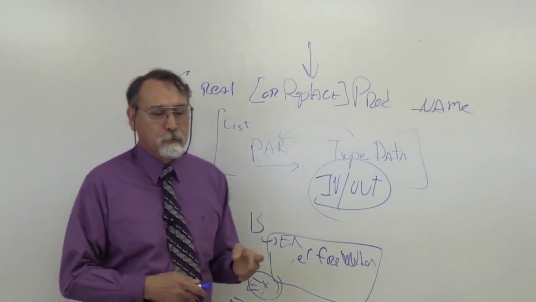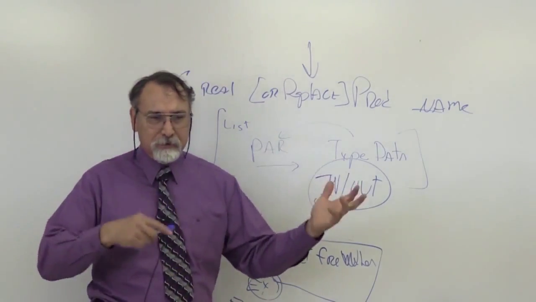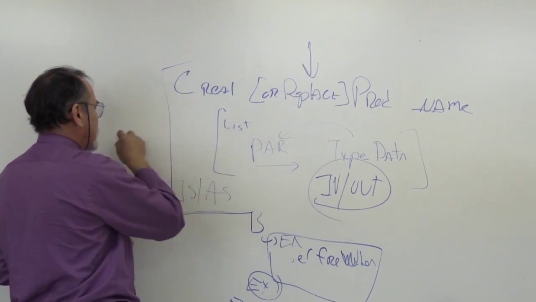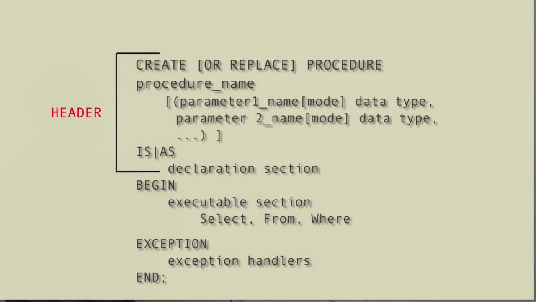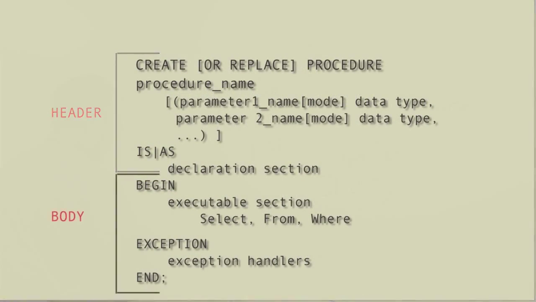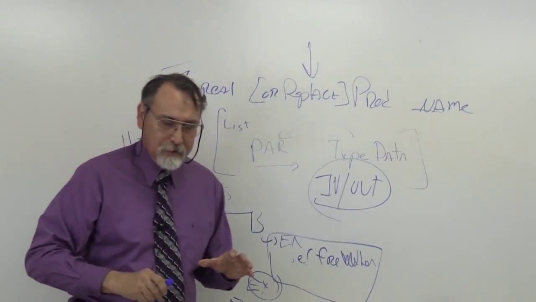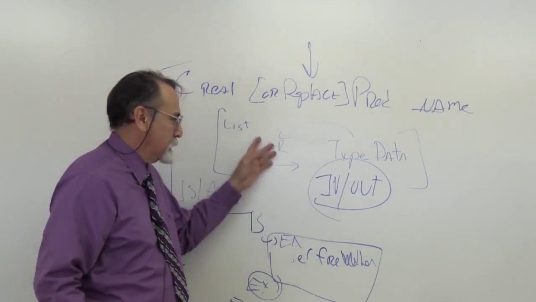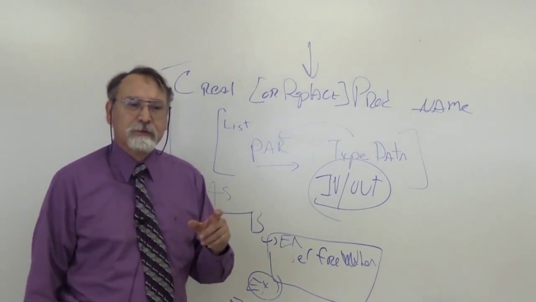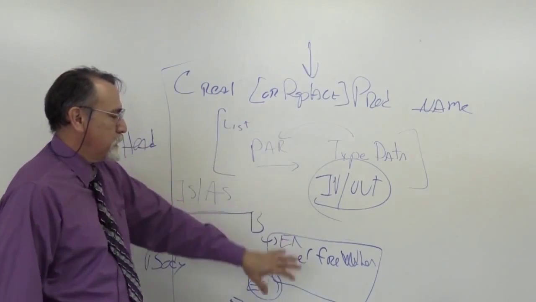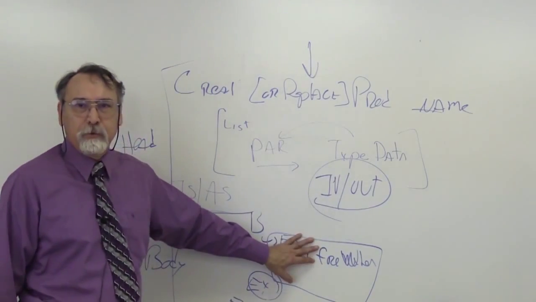There's also a generic understanding that above the begin statement, this is called the header, and after the begin, this is called the body. Now, this idea of header and body is not as prevalent in this process, but understand that as you develop this, this is where the executable is.